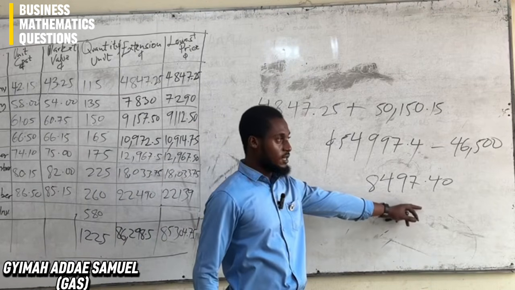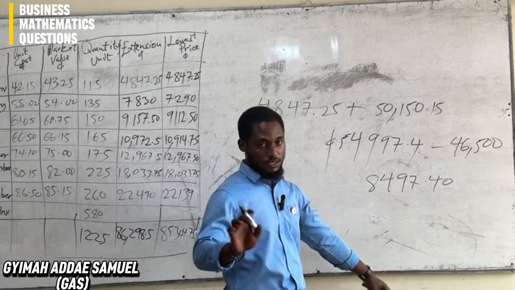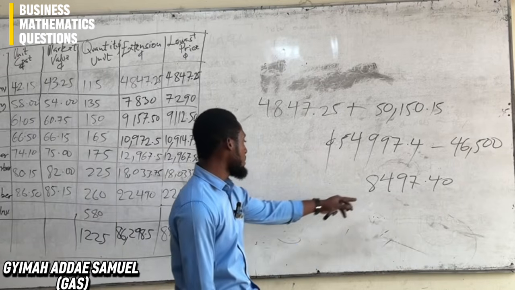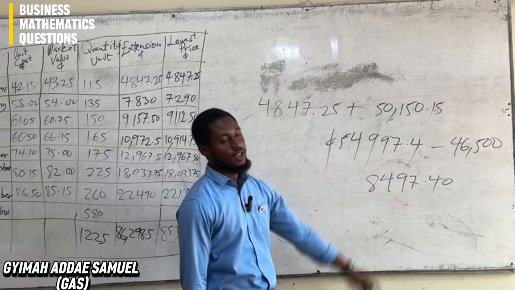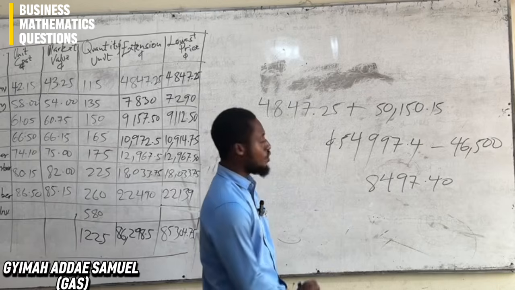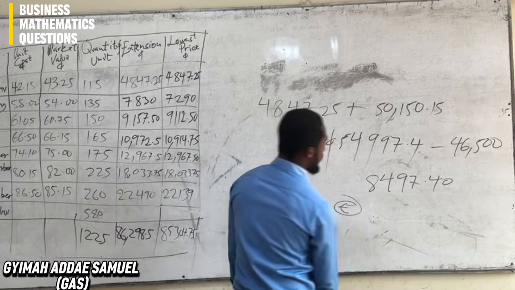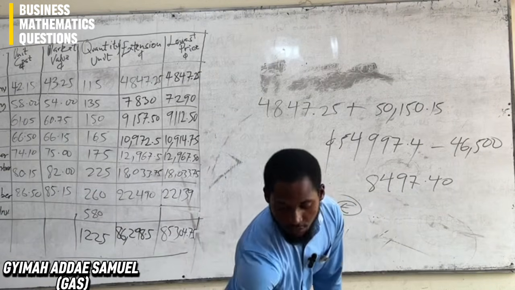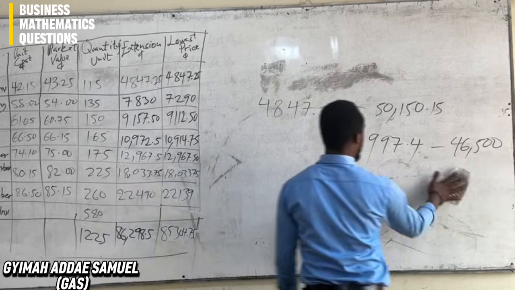This figure is not in the options, so you write this on your question paper and shade E on your scannable sheet. So we move on to question 20, and that will be the end.